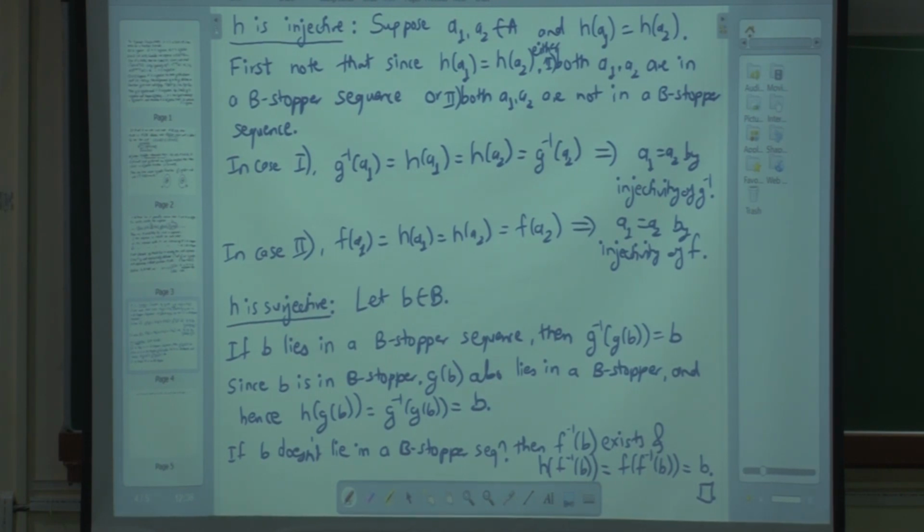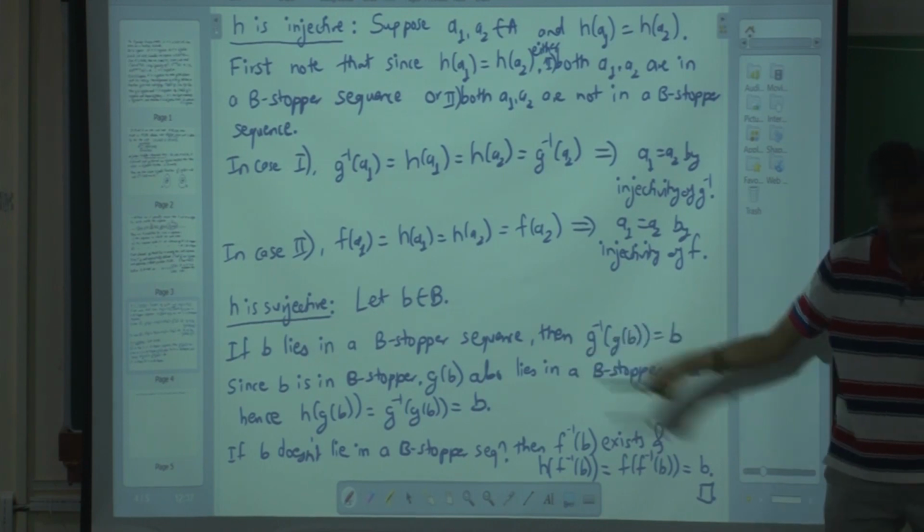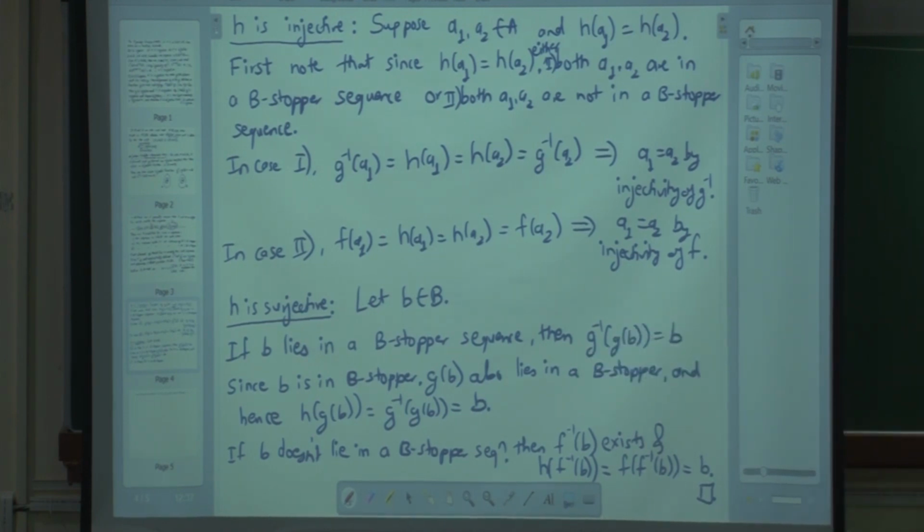If it lies in a B-stopper sequence, then what does that mean? That g inverse of b will always exist, no matter where we are. But because b lies in the B-stopper and gb is immediately the next element, gb will also lie in a B-stopper. So by definition h of gb is g inverse of gb, which is b.